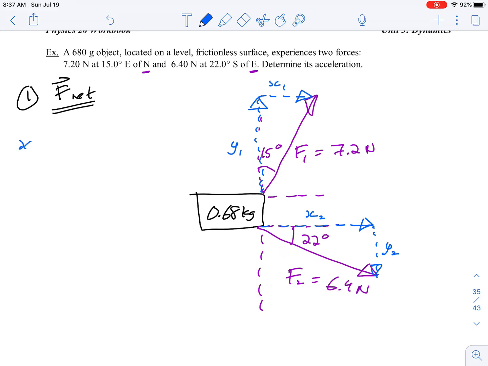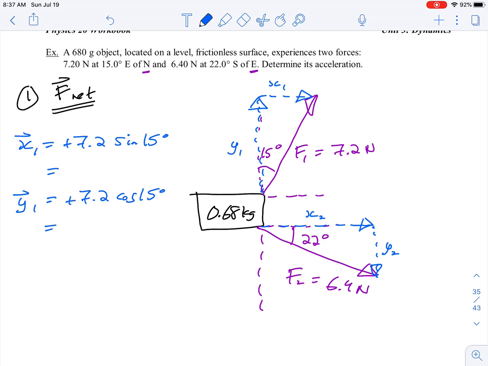Let's do it. This is the tedious part of the question. So we have x1 being equal to the hypotenuse, and because it's opposite, that would be sine, and it's going in a positive direction. And I'll do the same thing for the y. It is the hypotenuse, and this time it'll be cosine, and it'll also be in the positive direction.